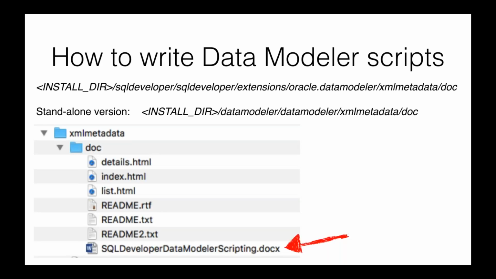The documentation provided by Oracle for how to write scripts in SQL Developer can be found in the install directory. There's a slightly different path depending on whether you're using the embedded version of Data Modeler or the standalone version. And within this directory, you're going to find 2 files that are really of interest to you. The first is this SQL Developer Data Modeler scripting.doc.